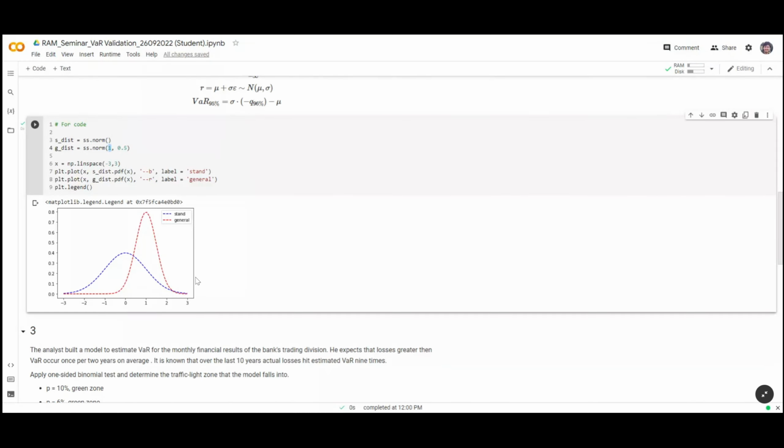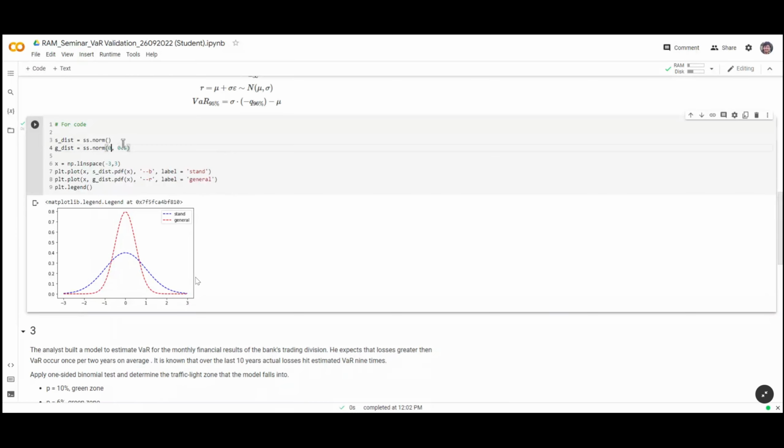What we can clearly see here is that if the distribution was standardized, we have our value at risk somewhere here, right? For the new general distribution, shifted and rescaled, let me first rescale it, and then shift it for illustrative purposes.